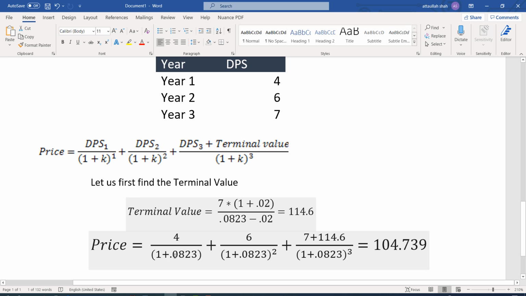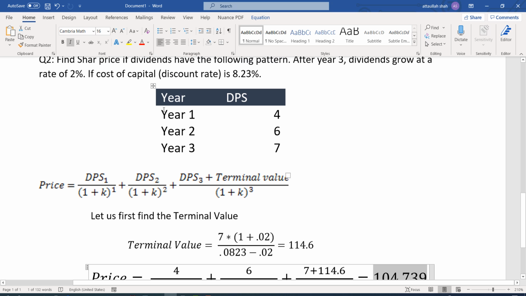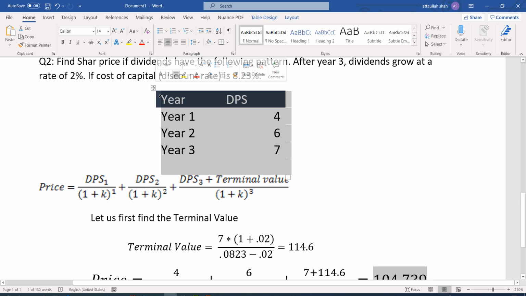So let's say we want to find this part of the equation, the ICC, the implied cost of equity, capital, or the discounted, whatever. In this case, let's say the share price is given 104, and we also have the dividends. Let me copy this.